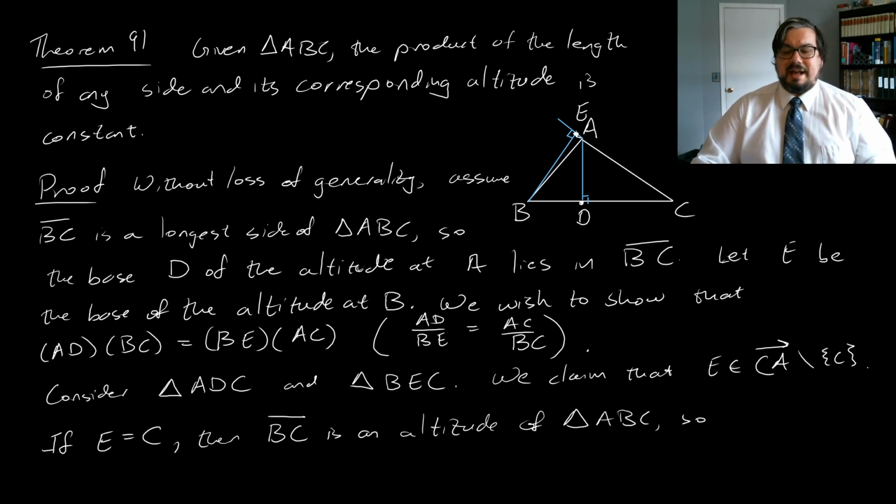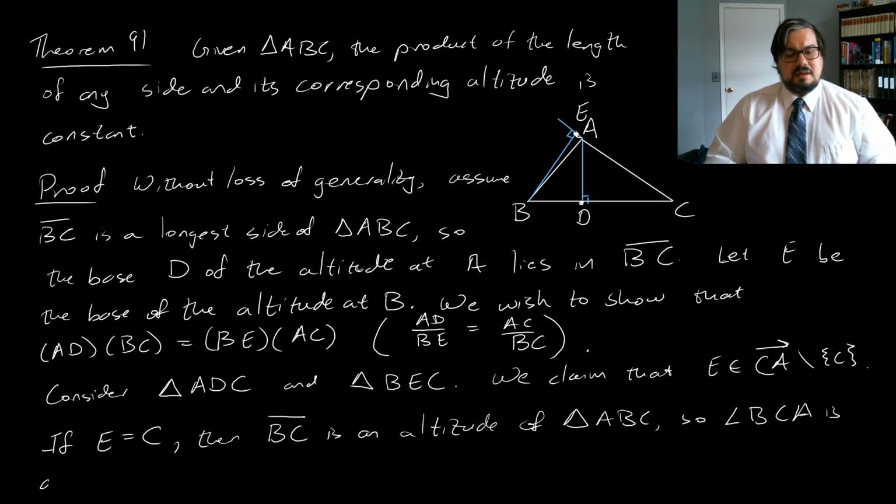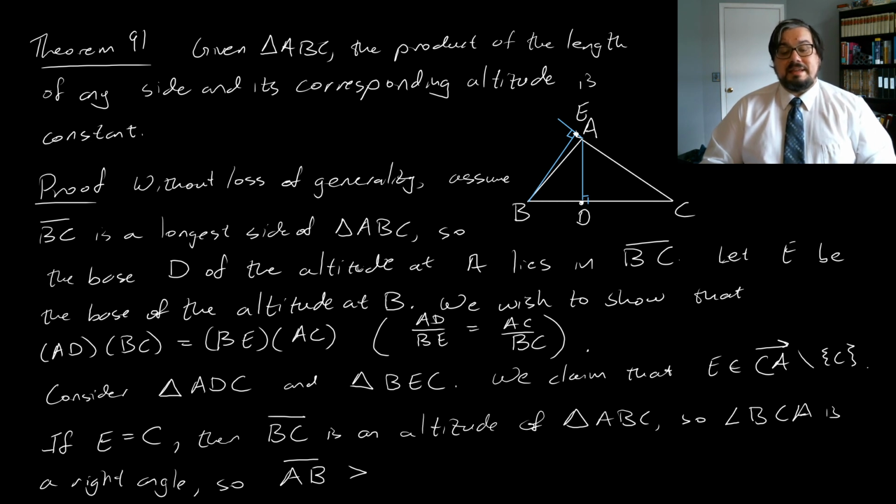So that would mean that angle BCA is a right angle. So that means that the hypotenuse of the triangle is the segment AB, and we know that the hypotenuse of a triangle is the longest side. It's the unique longest side. It's longer than either of the others. So in particular, this would tell us that the segment AB, the hypotenuse, is greater than the segment BC, which is a contradiction.